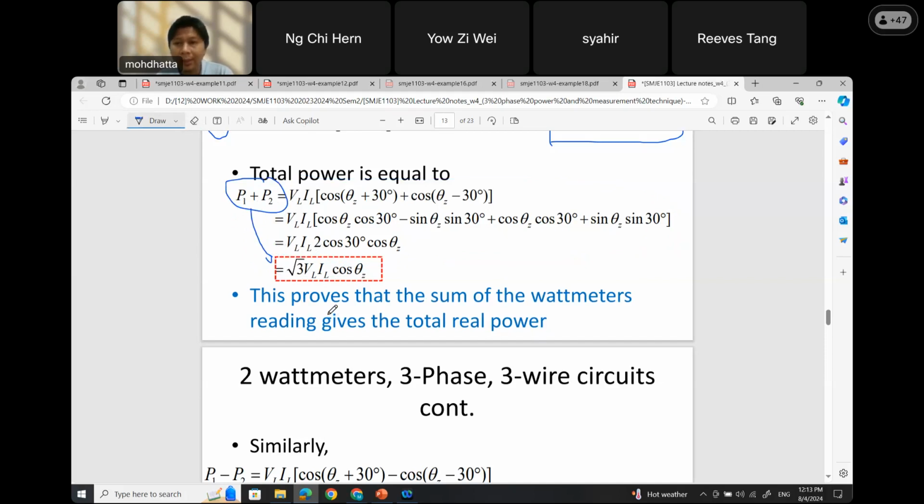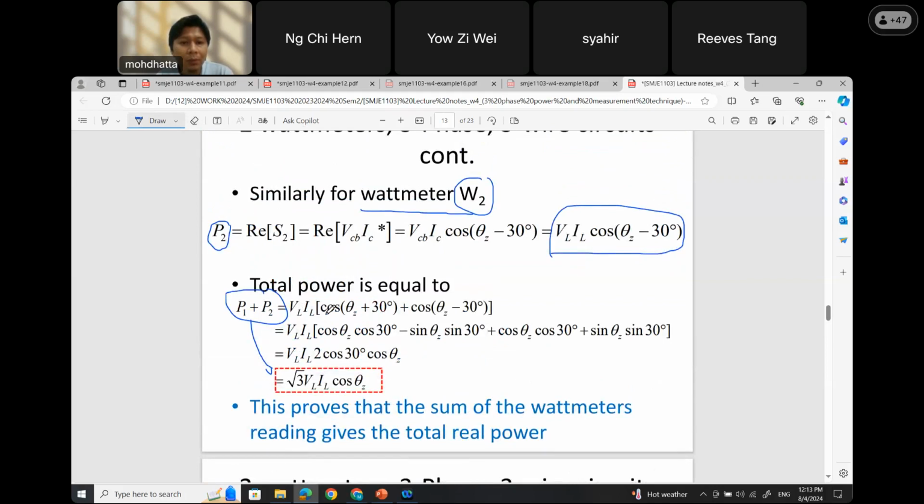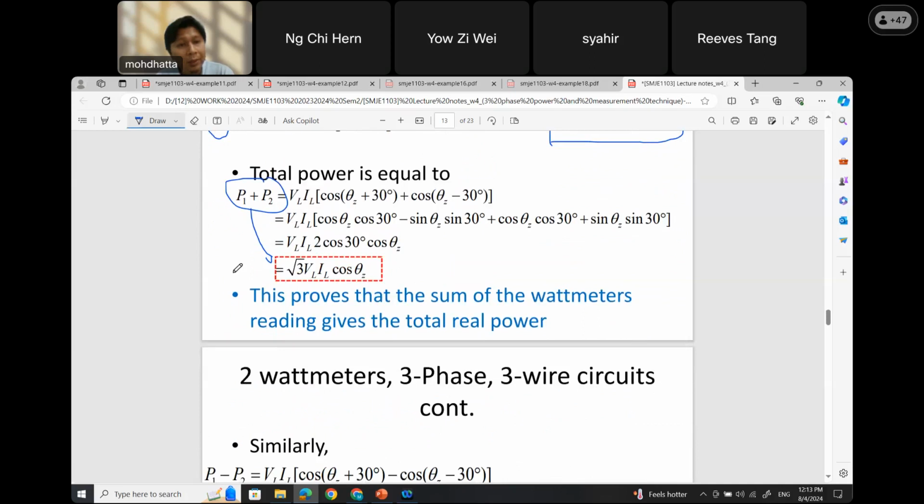But what I can say here now is that as long as you know that total power is coming from this equation, P1 plus P2, and this P1 plus P2 can also be defined as 3 VL IL cos theta Z, then that should be enough for this course.